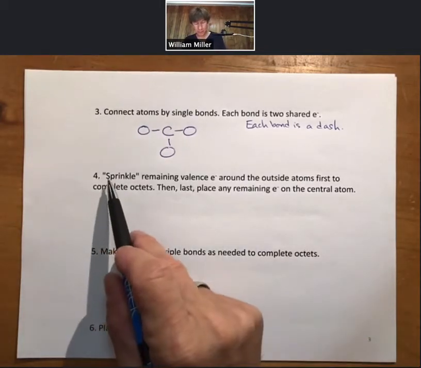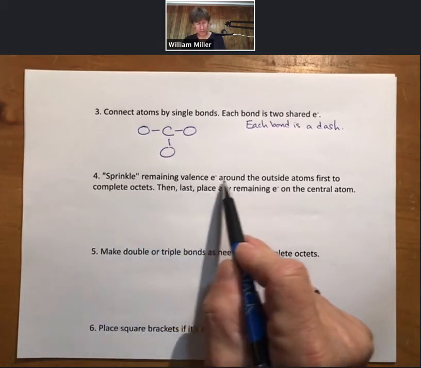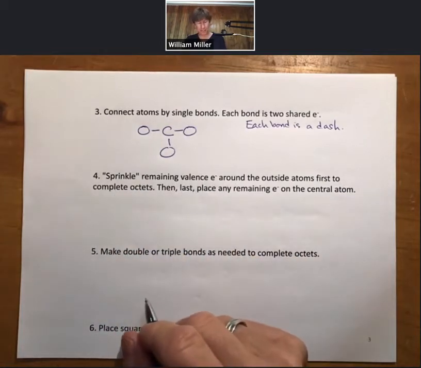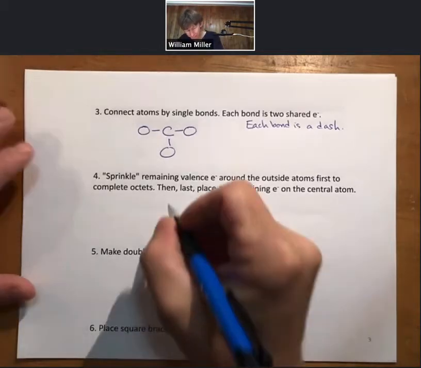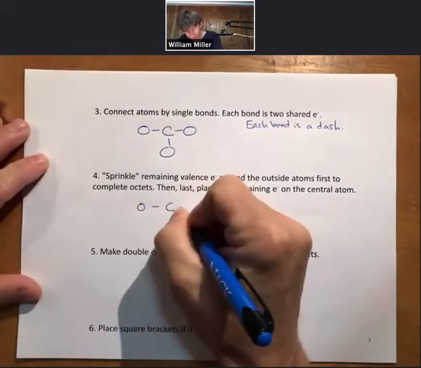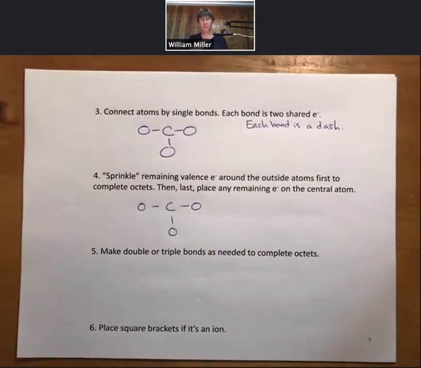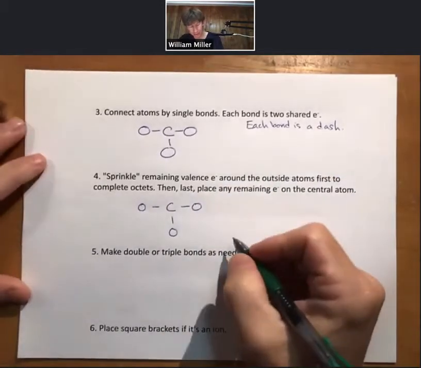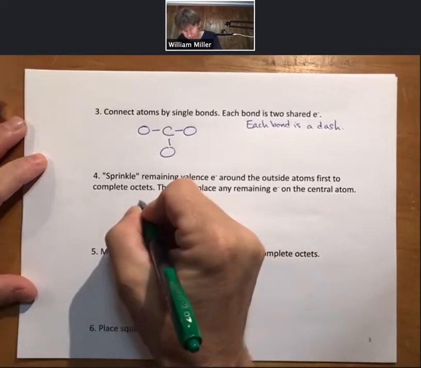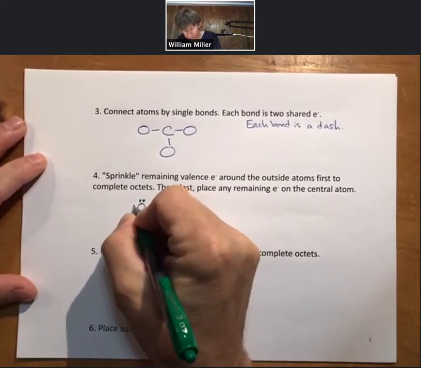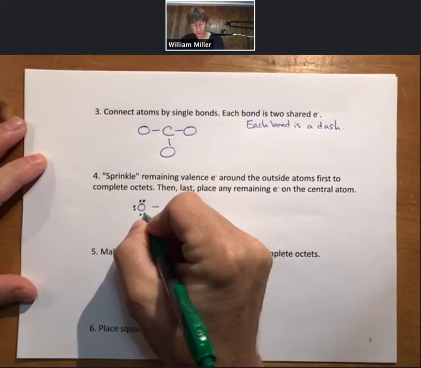So step 4 says, sprinkle remaining valence electrons around the outside atoms first to complete octets. Well, here's where we were before. Now I have 2, 4, 6. I'm going to do 2 more for 8, 10, 12.